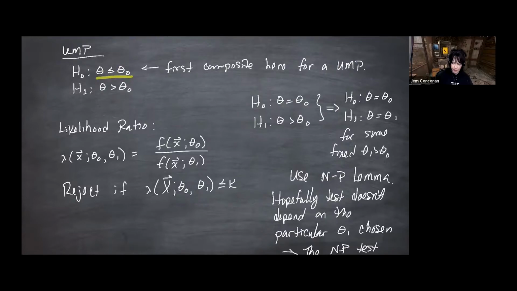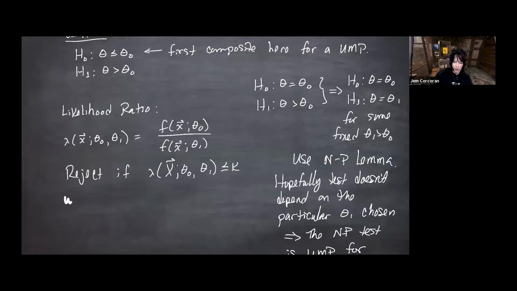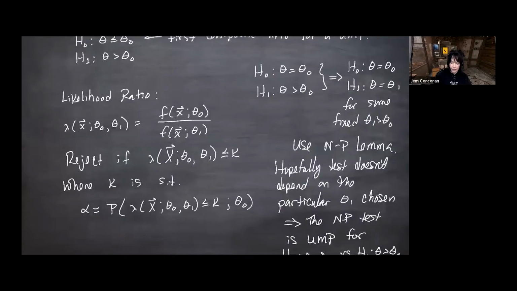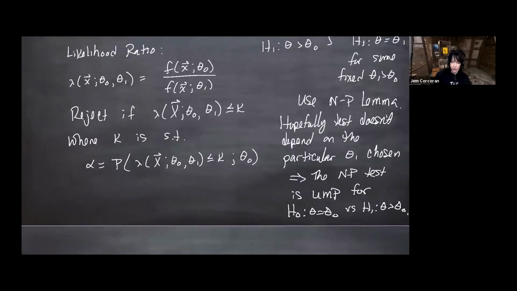So let me try to write that, where k is such that alpha is the probability that this is less than or equal to k when the parameter is theta naught. So no max here, even though the null hypothesis is composite.